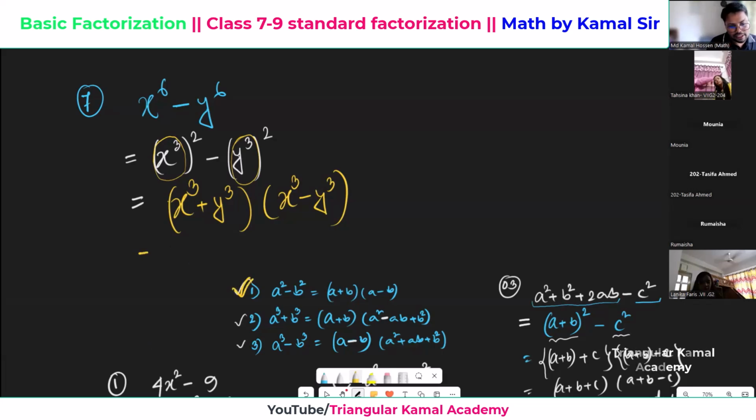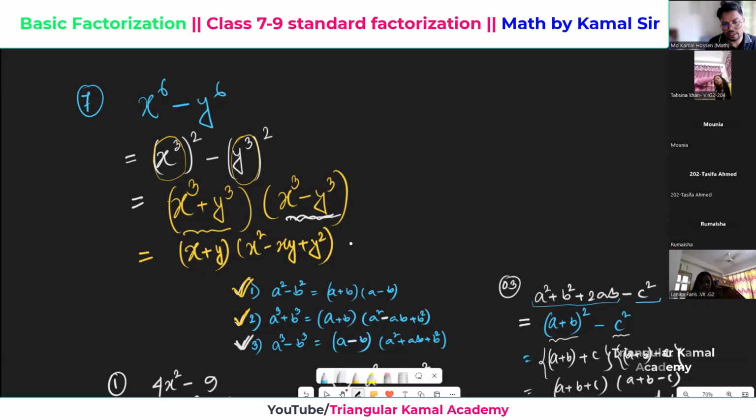Now second step, here we can apply the formula of a cube plus b cube. Consider x as a, y as b. Now apply formula number 2: x plus y, x square minus xy plus y square. Now here you can apply the third formula, a cube minus b cube.